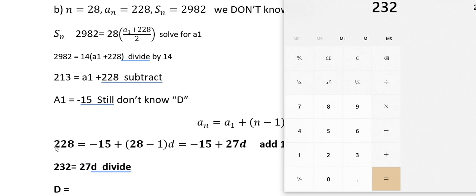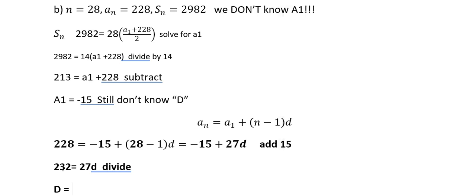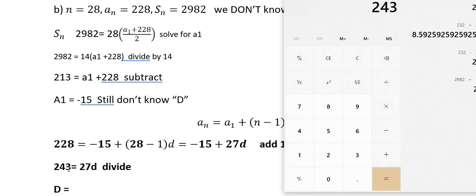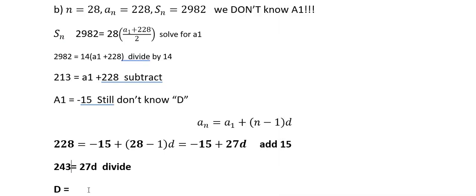Wait a minute, what did I do wrong? Oh boy, I can't add. This is 243. Then we can do 243 divided by 27, and we get that the common difference here is 9.